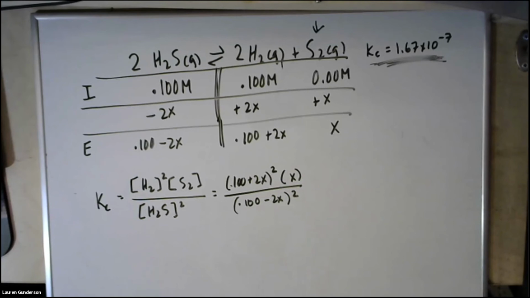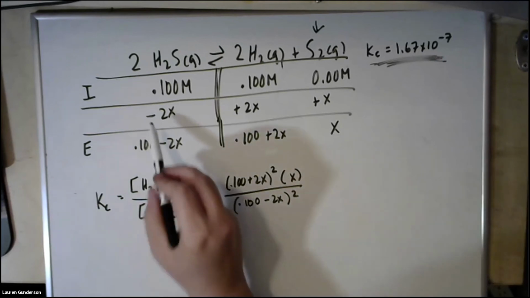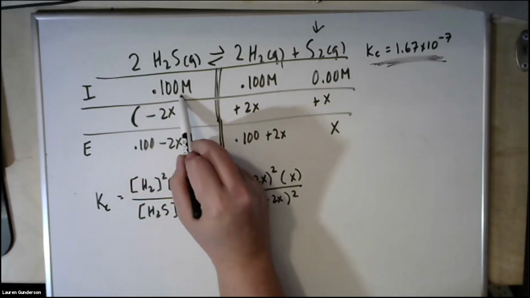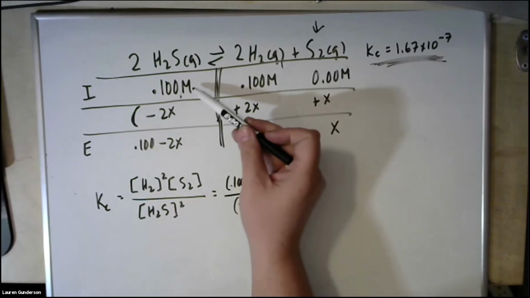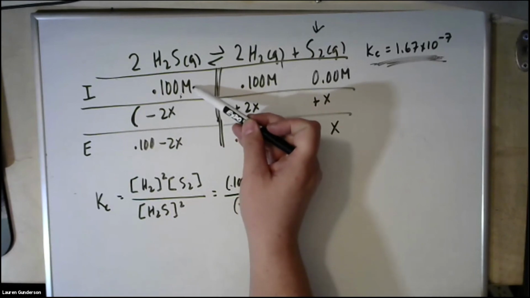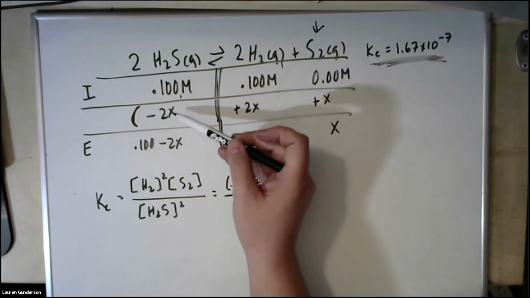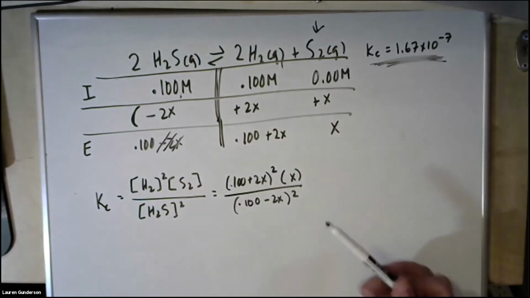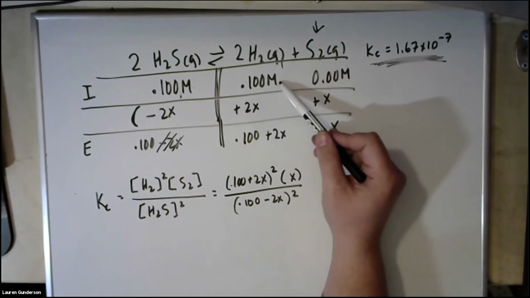All right. And again, think about this logically. If your K value is very small, that means that the amount that you're removing from your initial concentration is going to be so small when you compare it to this value that we can drop it out of the calculation. The same would logically be true when we're looking at the hydrogen gas.